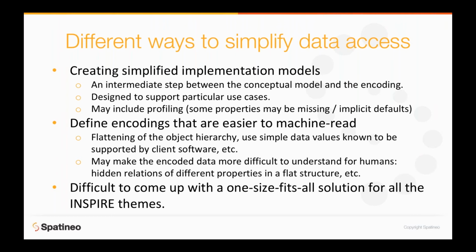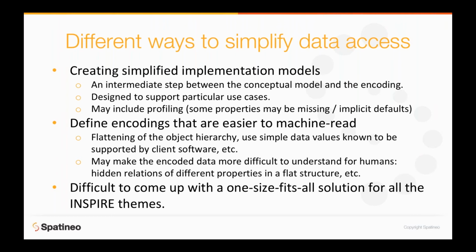Moving this encoding into a more machine readable way can sometimes make the data more difficult for humans to understand, because, for example, if you do flattened structures, in most cases you end up with properties that are somehow linked in the conceptual model, but in the encoding this linking is no longer clear, because you don't know that when you change one of the properties, you should also probably change the other one, or the other one becomes irrelevant, for example.